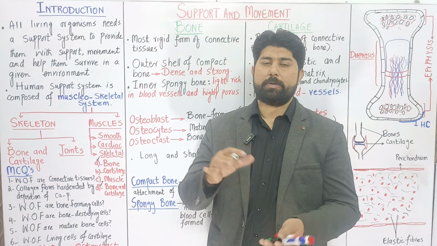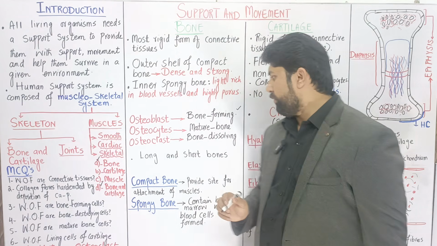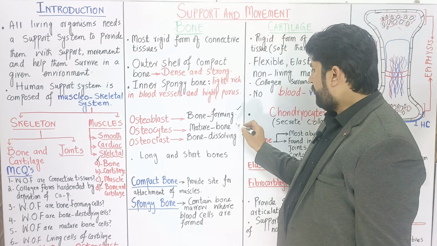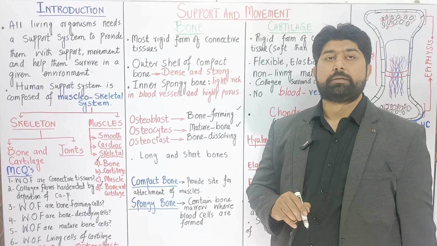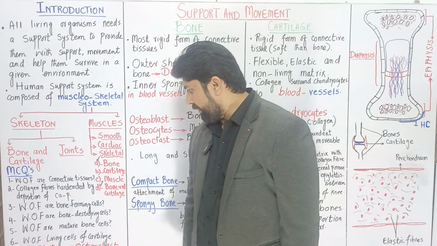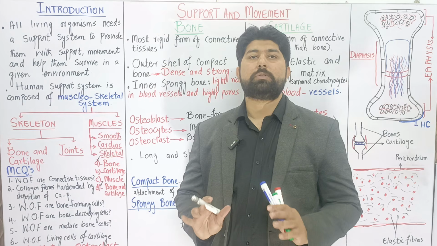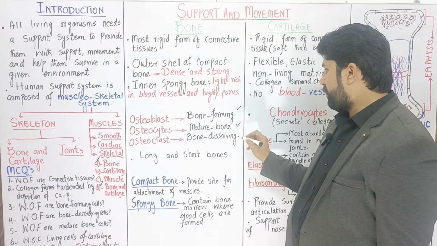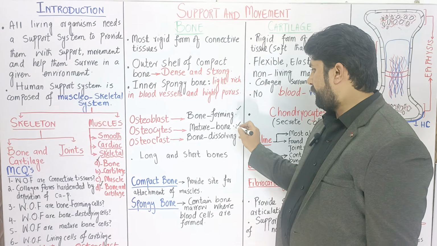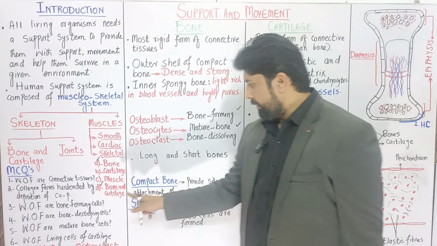If the examiner asks you which of the following are the bone destroying cells, the answer is osteoclasts. Next, which of the following are the mature bone cells? The mature bone cells are the osteocytes.